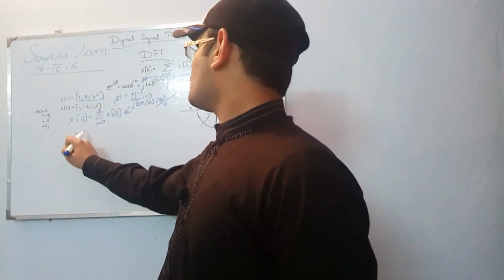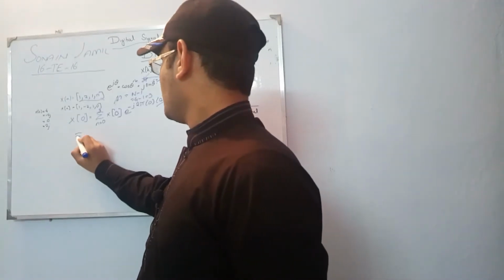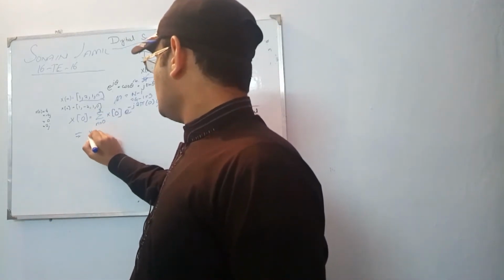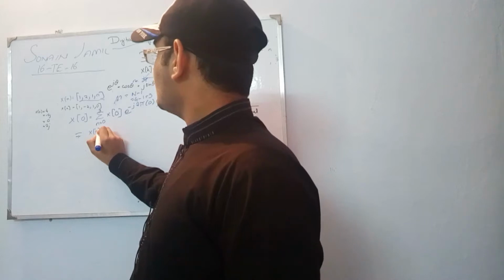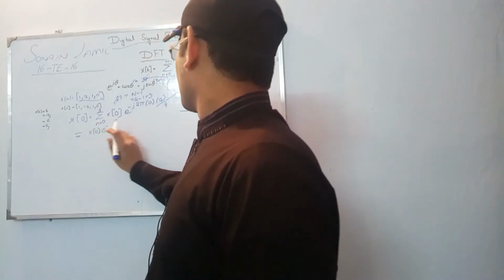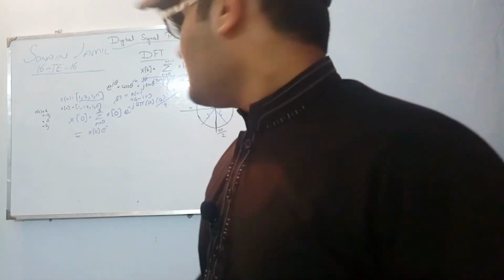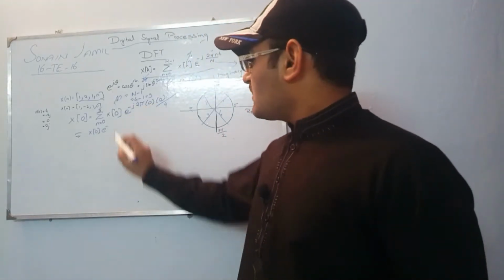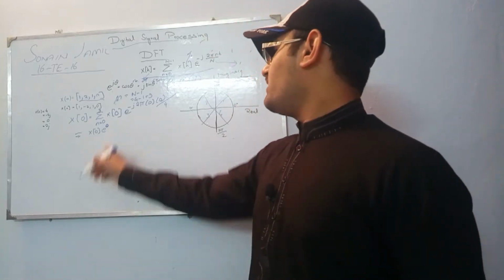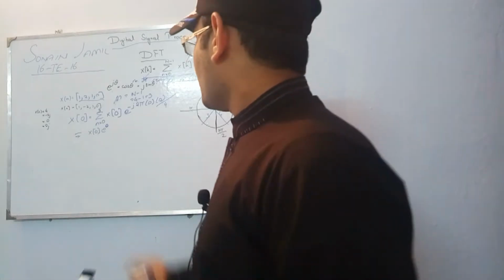So if we solve this summation, what will be the answer? What you have to do is just expand this summation. As you can see that there is 0, so this exponential will simplify to e power 0.